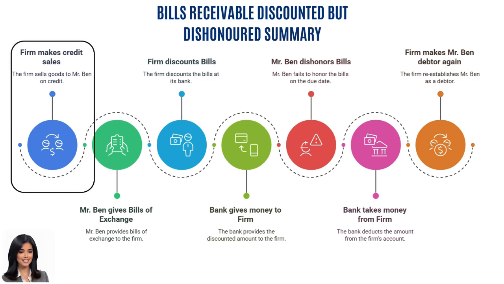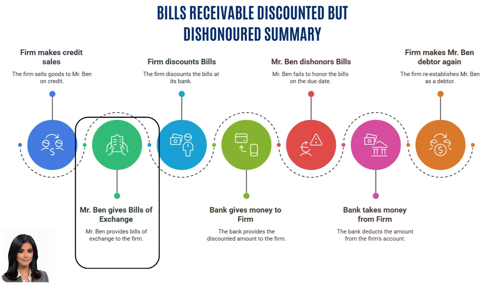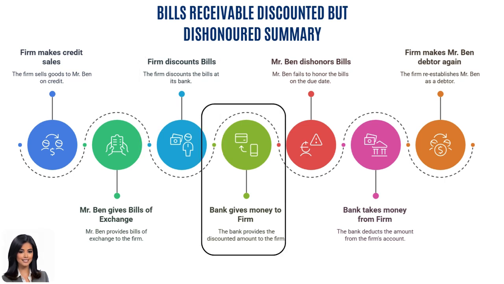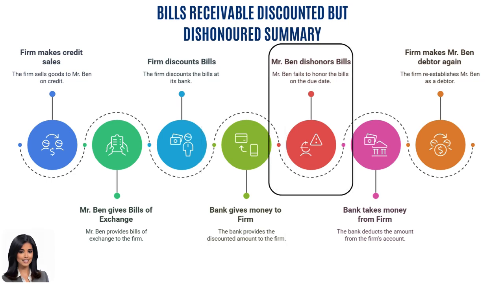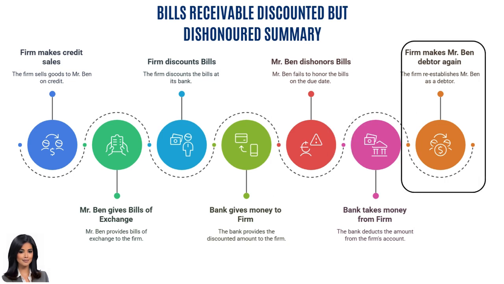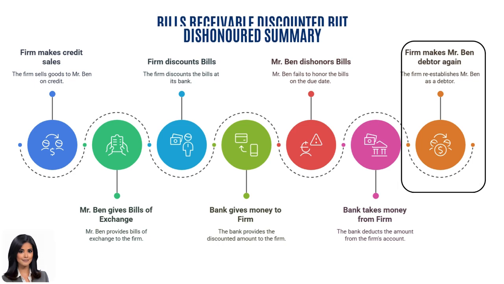Firm makes credit sales to Mr. Ben. Mr. Ben gives bills of exchange to firm. Firm discounts the bills of exchange from its bank. Bank gives money to firm. On due date Mr. Ben dishonors the bills of exchange. Bank takes money from firm. Firm again makes Mr. Ben its debtor.